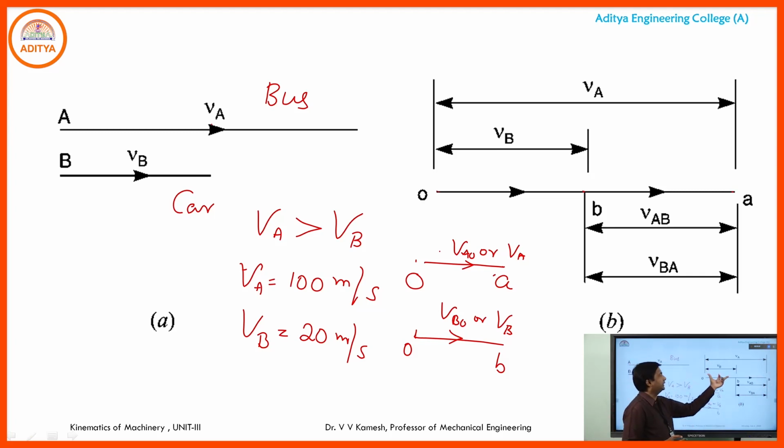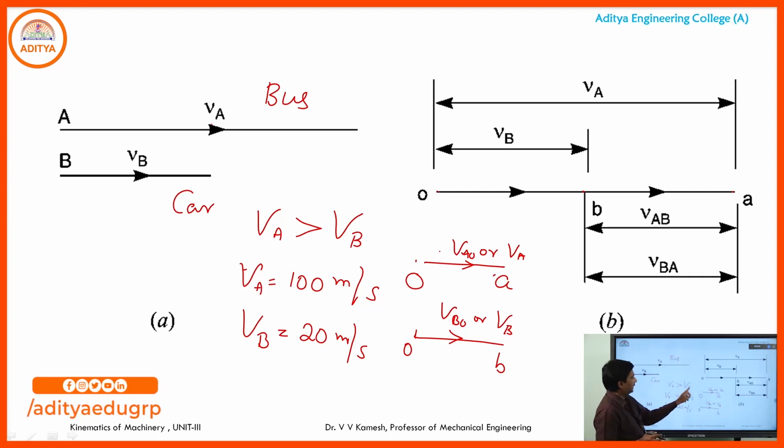That means this part is VB, 20 meters per second. This part will be the remaining 80 meters per second. OA is representing 100, OB is representing 20. Now the question comes, where is the relative velocity of A with respect to B, or B with respect to A?